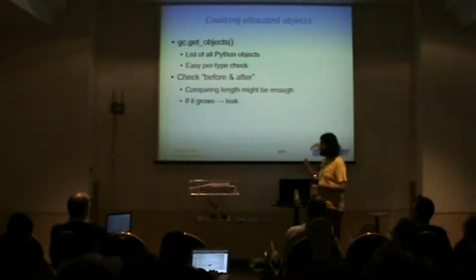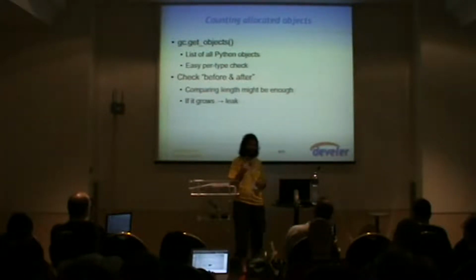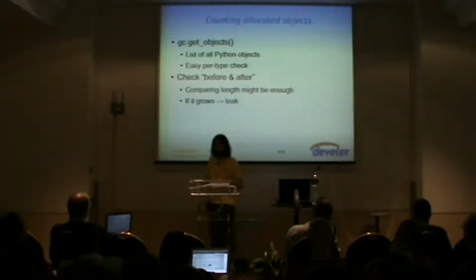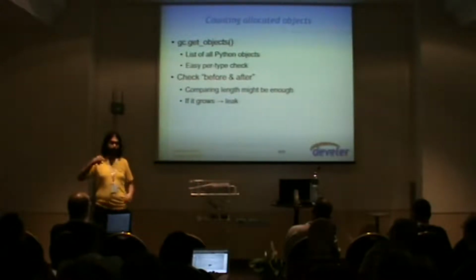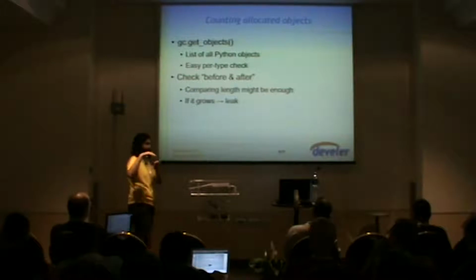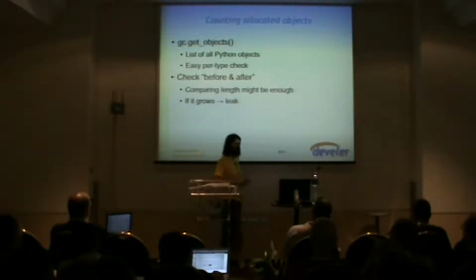So for instance, the first thing that comes to mind is that you can do some kind of before and after check. What I mean by before and after check is you get a list, compute some statistic on it, then you do an operation, and then you recompute the same statistics on that list.